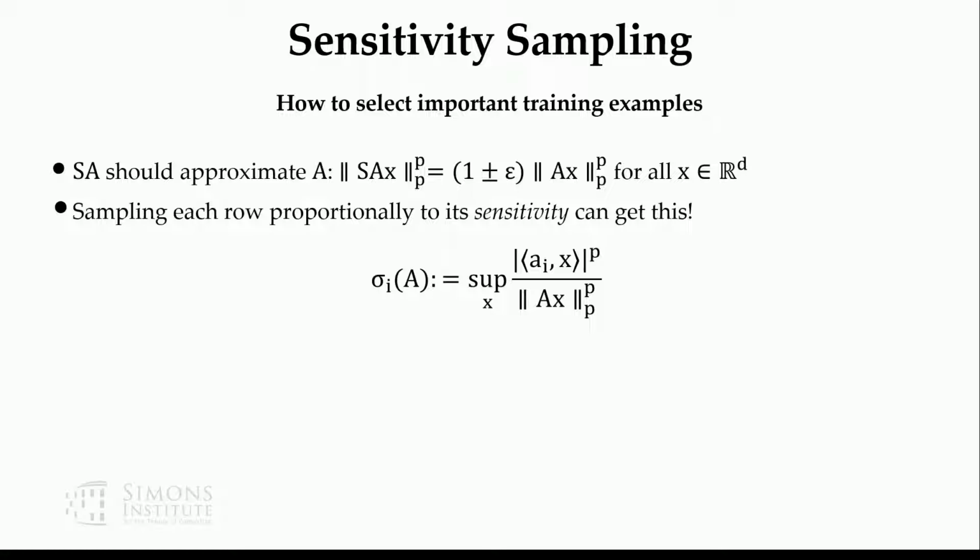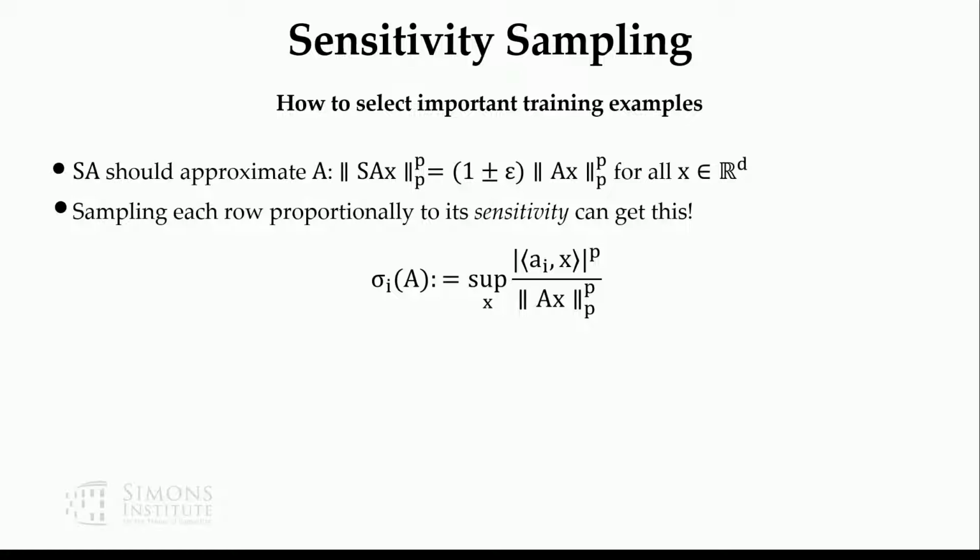What is the sensitivity? The ith sensitivity of A is the supremum over x of the absolute value of the ith row of A dotted with x, to the p, over the p-norm of Ax to the p. Okay, so it's the supremum, as I range over all vectors Ax in the column span of A, of the fraction of the p-norm to the p that's in the ith entry.